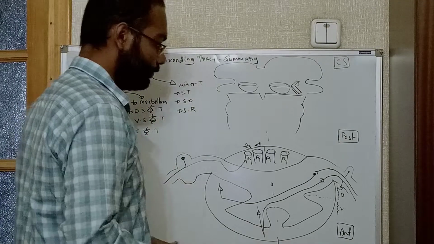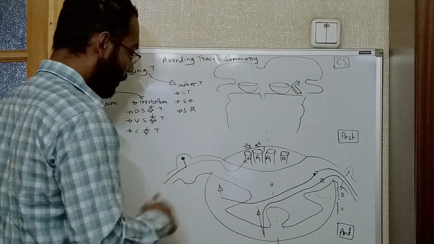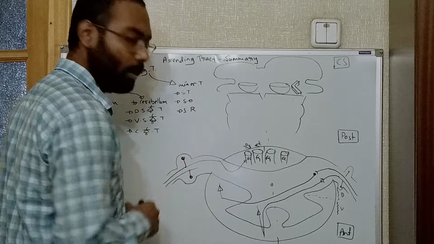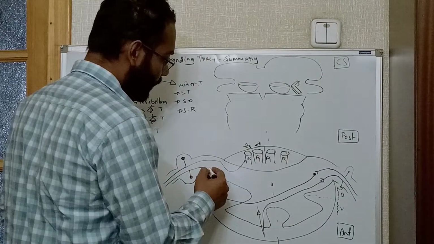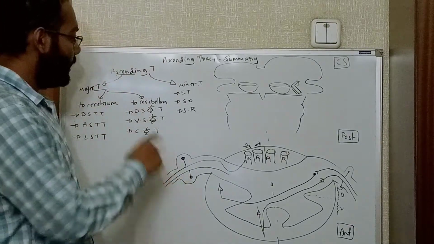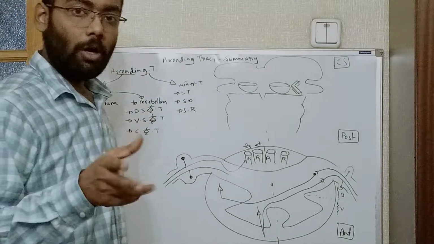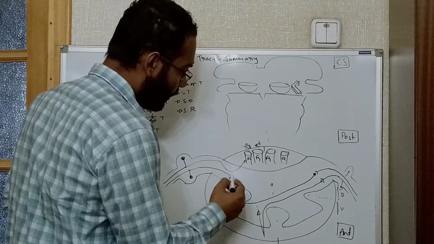Now, if you are comfortable with this, let's say one fiber is coming. First, here it is written dorsal spinocerebellar tract. Dorsal means posterior.